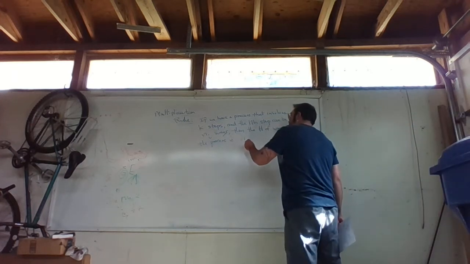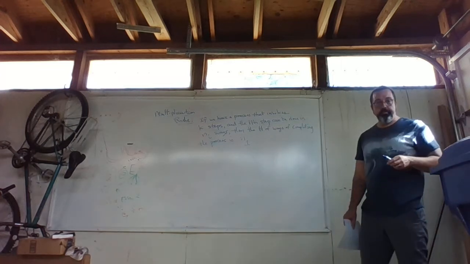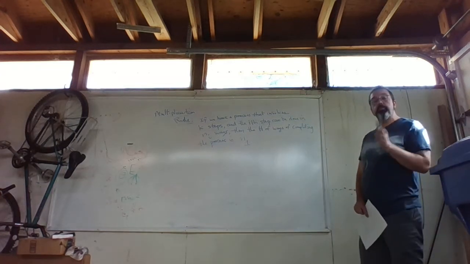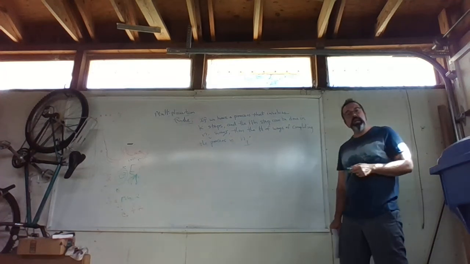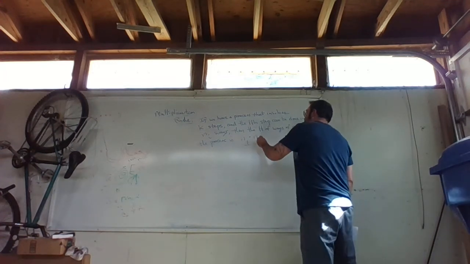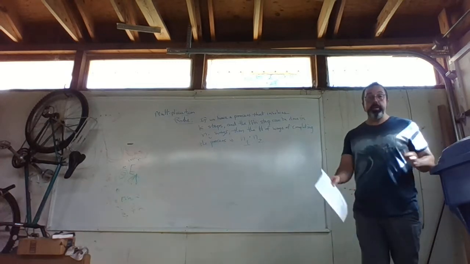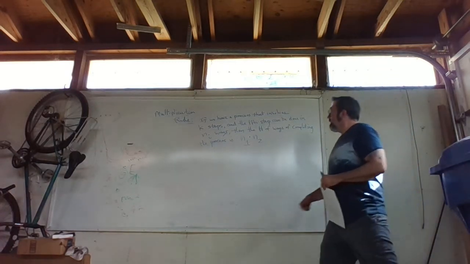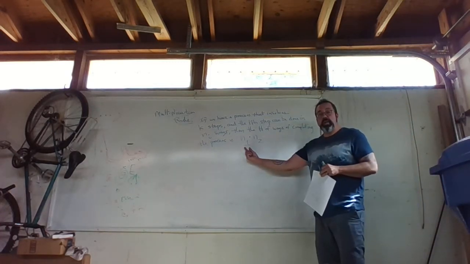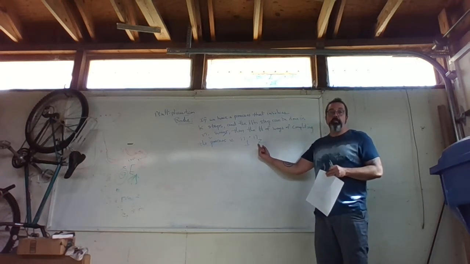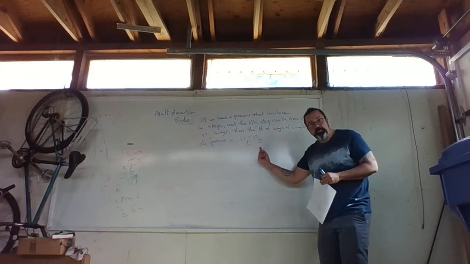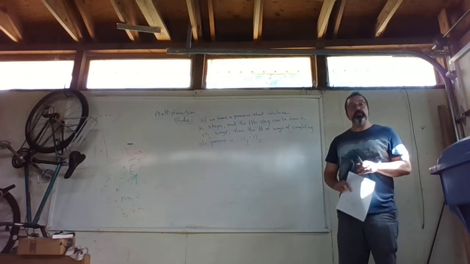So after the first step, we have n1 possible outcomes, because that's the number of ways we can do the first step. But for each of those possible outcomes, the second step can be performed in n2 ways, and we can mix and match any way we want to. So the n1 ways of doing the first step can be combined with each of the n2 ways of doing the second step, yielding n1 times n2 ways of doing the first two steps.